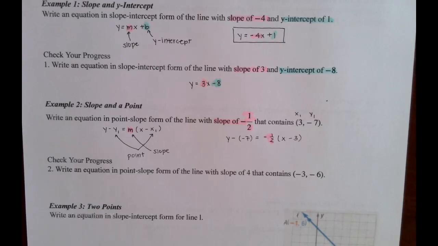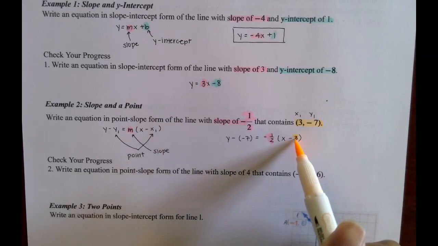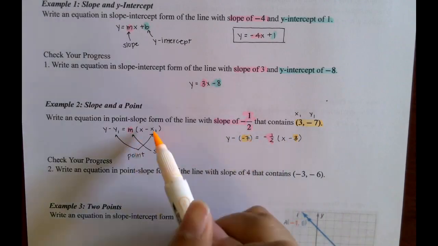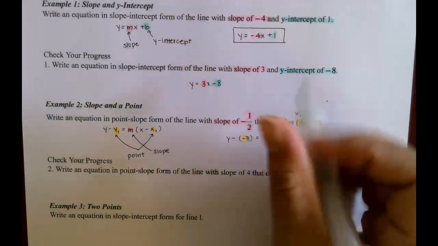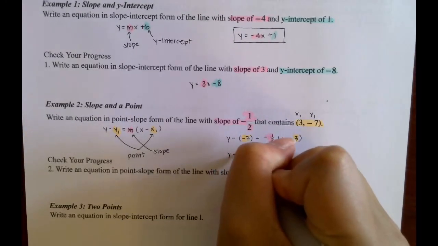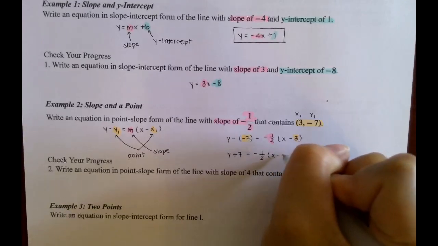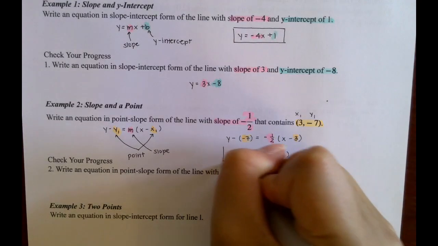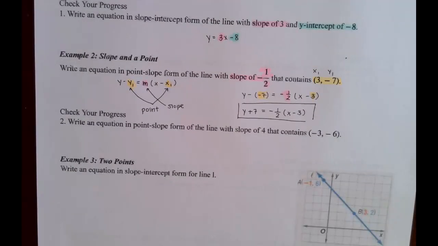And then my point, 3, -7 is here. And then I'm just going to simplify that minus and negative. That just means plus. So y plus 7 equals -1/2 times x minus 3. Okay. So why don't you try CYP2 and then come check your answer.